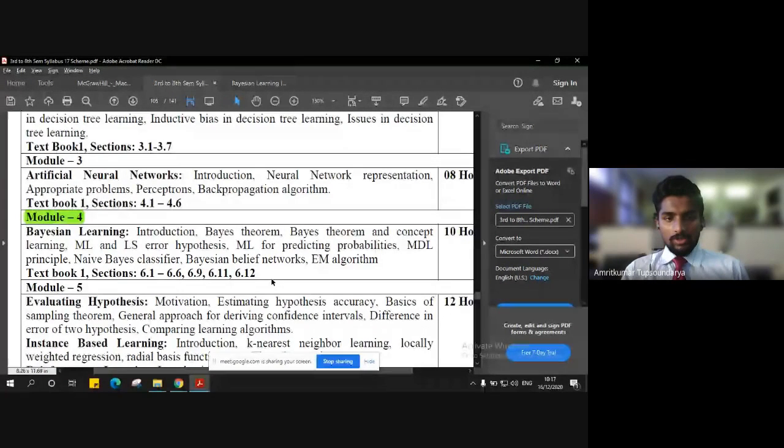We are also going to study ML for predicting probabilities, for which we require some basic understanding of probability as well, and the MDL principle, the naive Bayes classifier, which is also a part of your lab experiment, and the Bayesian belief network, and ultimately the EM algorithm, that is the expectation maximization algorithm.